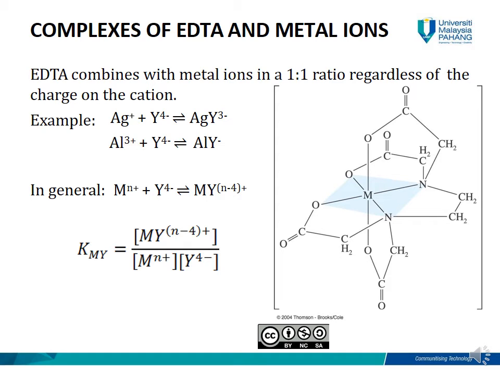The metal reacts with Y4-, which comes from the lowest equilibrium state. It combines with metal ions in a 1:1 ratio, regardless of the charge on the cation. It doesn't matter: any kind of metal will react with EDTA in a ratio of 1:1.